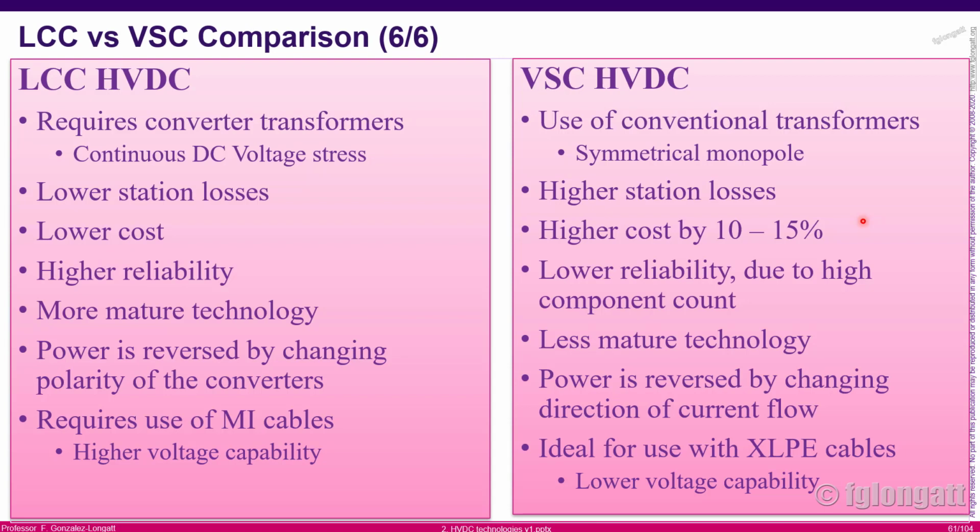Well, not extremely high, but higher than the LCC. The cost is still a bit higher compared with the LCC. However, this is going down, and it's a technology that is still under development in some new topologies, okay?